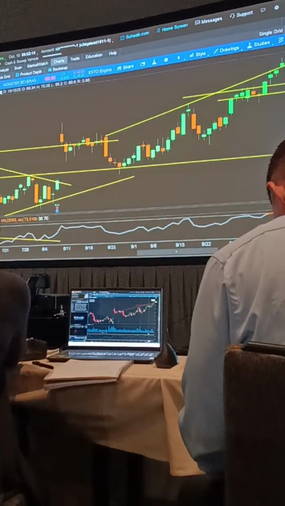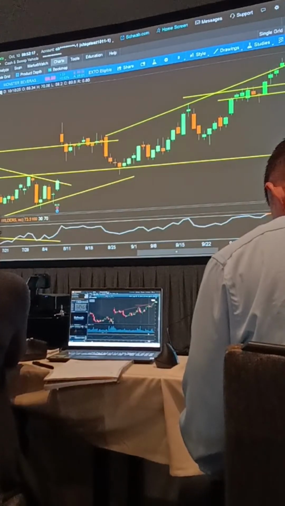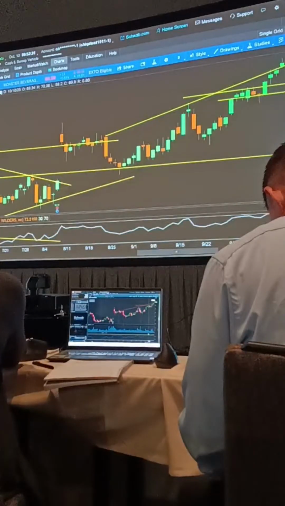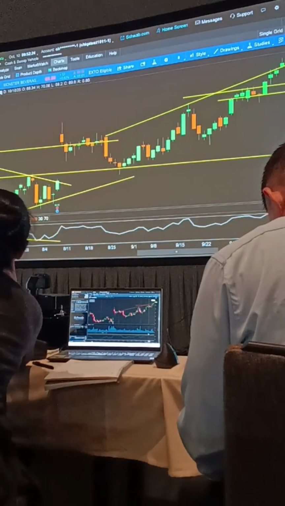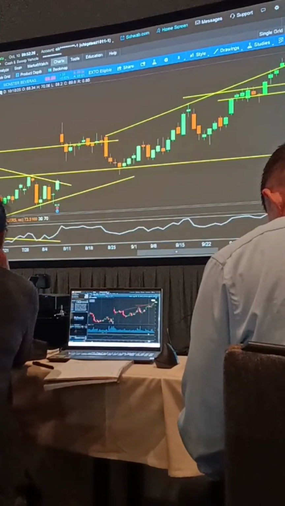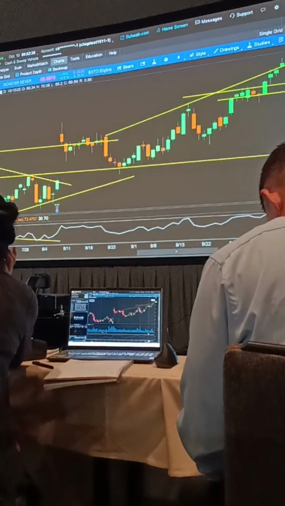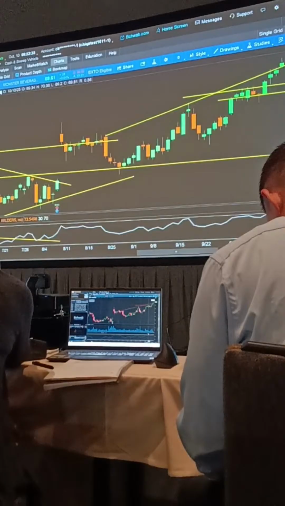The RSI, this Relative Strength Index, works by comparing size of candles. Where is price compared to the highs and lows over a period of time? In this case, the default is 14 periods or 14 days, since we're talking about daily periods.